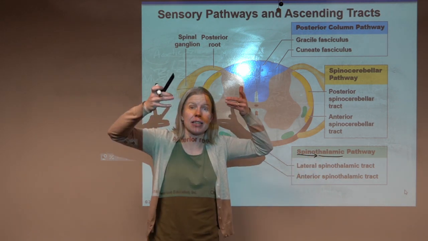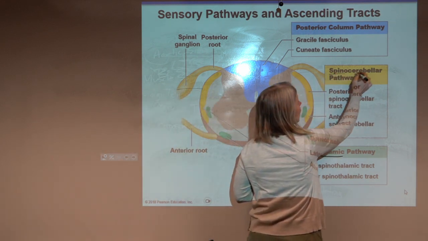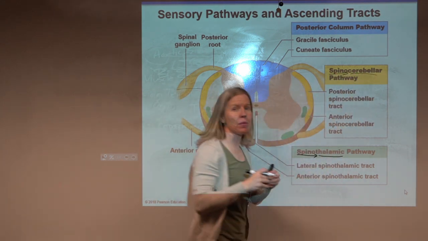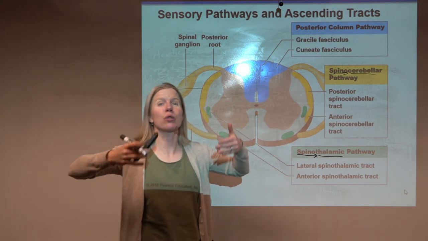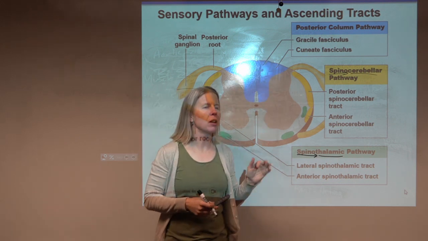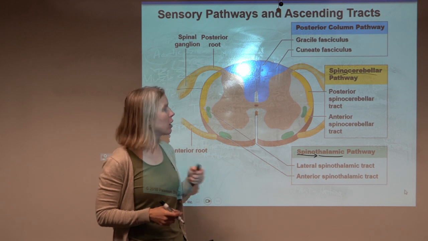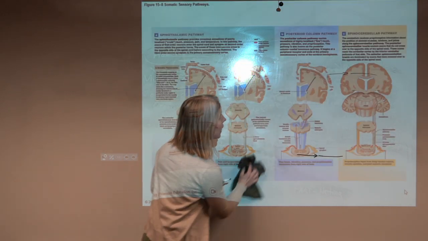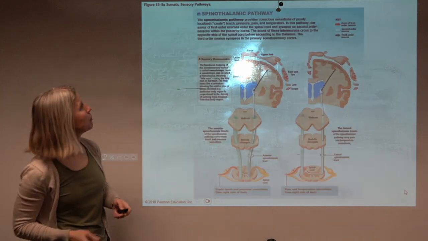That's easy to see that that is sensory, going up towards the brain, right? Or spinocerebellar, from the spine to the cerebellum. That one's easy to see that this is a sensory or afferent pathway. Posterior column doesn't really give you that same information. Okay, so let's look at these 3 sensory pathways.